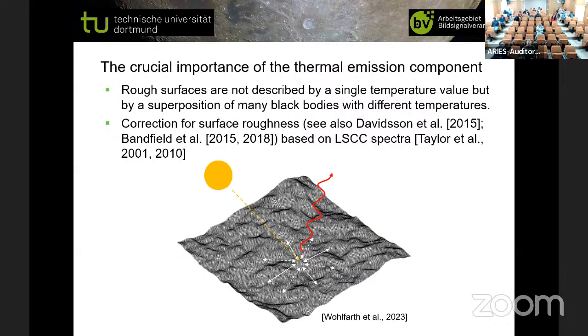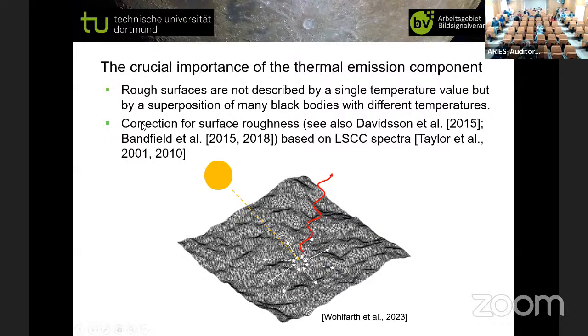There's the Stefan-Boltzmann law, there's the Planck radiation law, and all these can be combined to compute the thermal emission component given a certain albedo of the surface, so a certain reflectivity, and the sun at a certain distance. In that way, for a smooth surface, there is a well-established framework that allows for computing a thermal emission component.